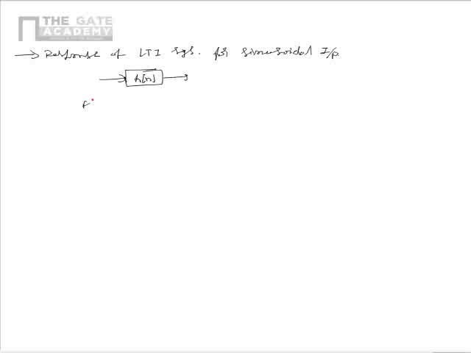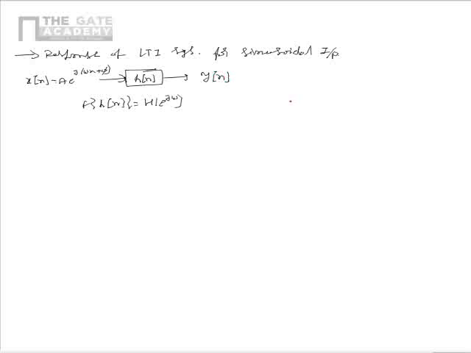Let the Fourier transform of h of n be H of e power j omega. If an input x of n is equal to A into e power j times omega n plus phi is given as input to the system, let y of n be the output of the system.